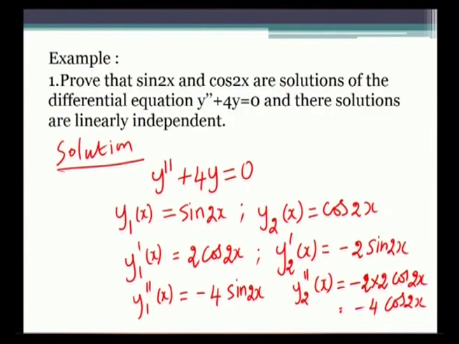But in the problem, it is asked that these solutions are linearly independent. First, we have proved that sin 2x and cos 2x are solutions of the given differential equation. The next part of this problem is we need to prove these solutions are linearly independent. To prove linear independence, we need to go for the Wronskian of the solutions.